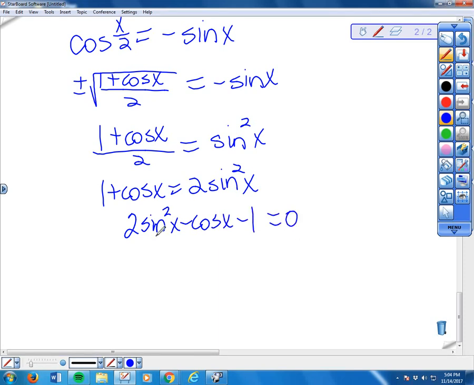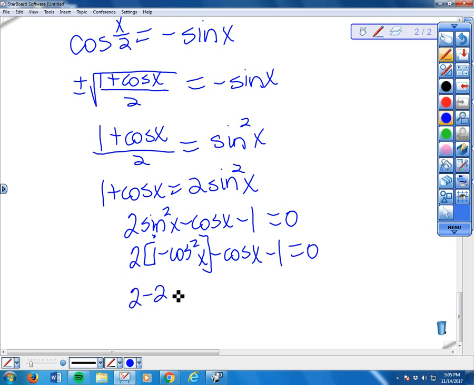Now I've got to get this in terms of cosine. So it's 2 times (1 minus cosine squared) minus cosine x minus 1 equals 0. 2 minus 2 cosine squared minus cosine x minus 1 is 0.